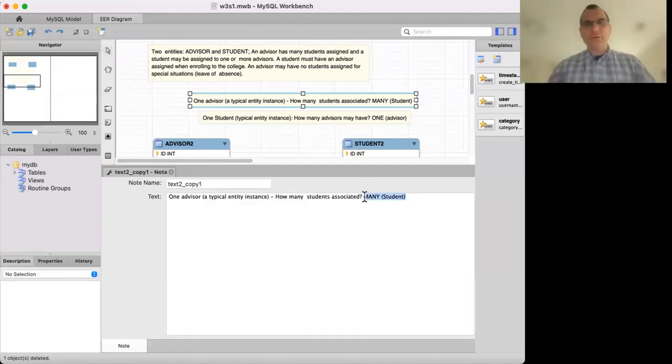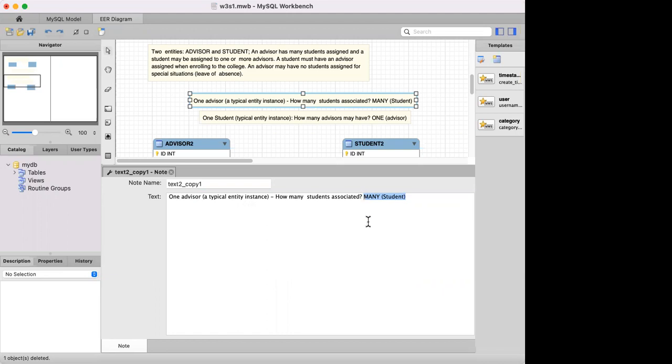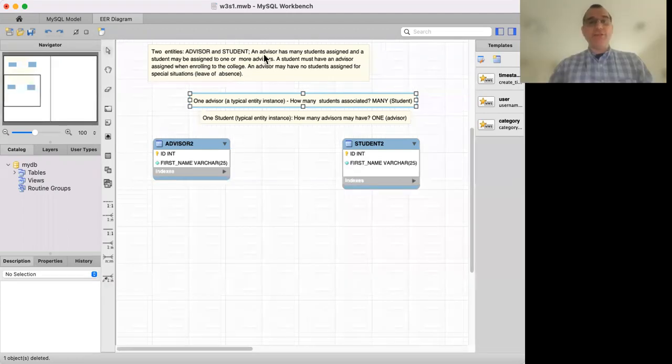So basically, you want to refine this part. So read the specification and see what the specification is telling us. Many, very good. So it's basically the same. I didn't change that part. An advisor has many students assigned, so it will remain many.